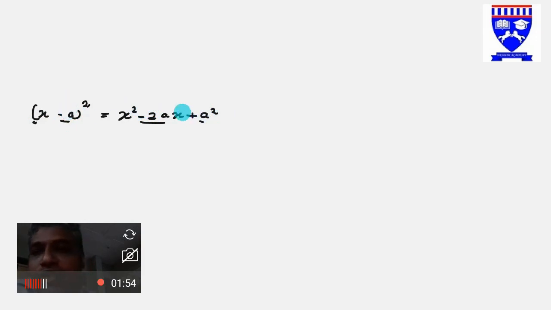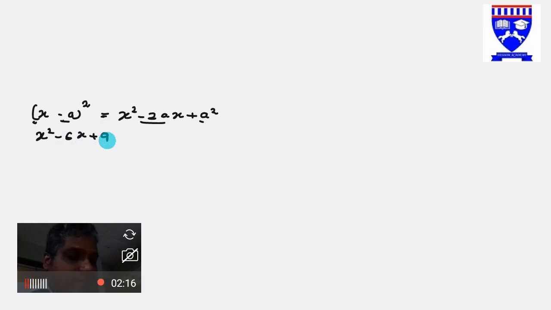Okay, so this is how you can derive the expansion. Okay, so for example, now if I give a quadratic formula, x squared minus 6x plus 9. Okay, so now if you factorize, this is the easiest, the factorizable one.